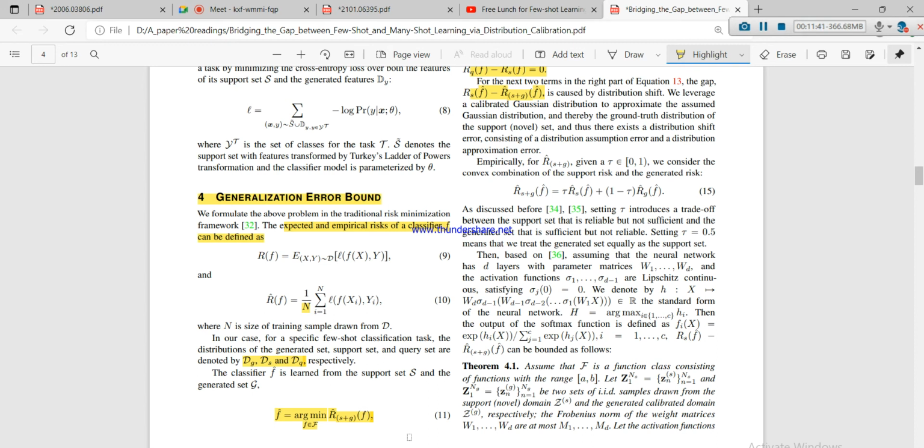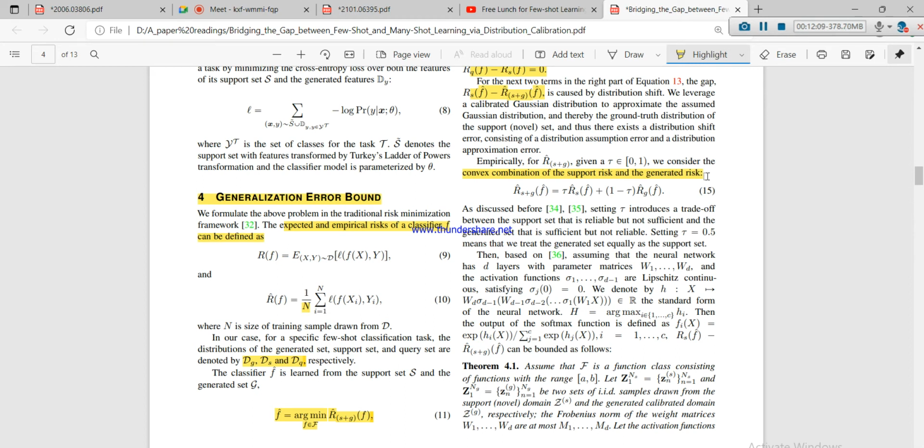Empirically, for R of S plus G, given a tau that belongs to 0 comma 1, we consider the convex combination of the support risk and the generated risk. They have taken a convex combination of this support risk and generated risk.